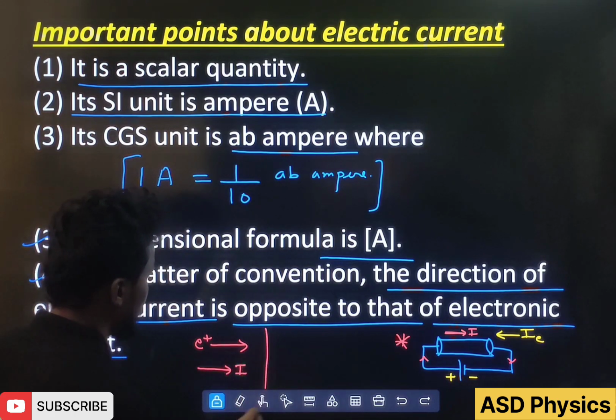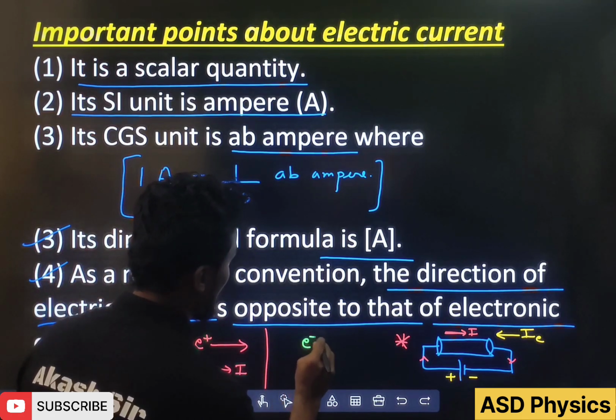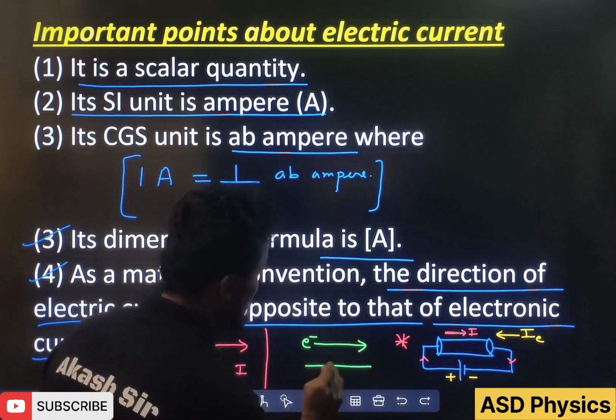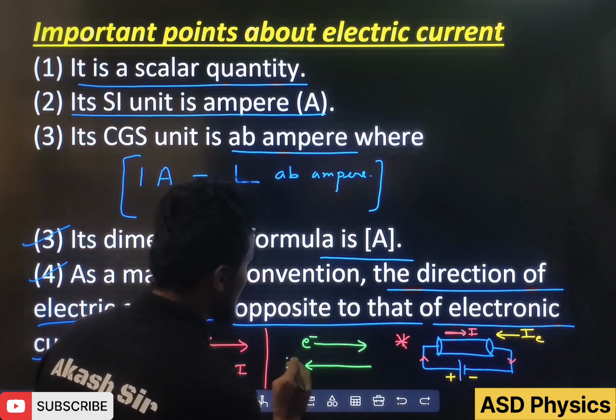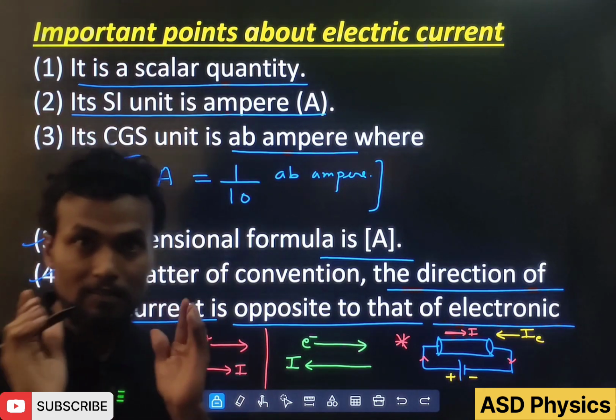But if one electron is flowing in this direction, the conventional current direction is opposite to the electron's motion. I hope you have understood very well.